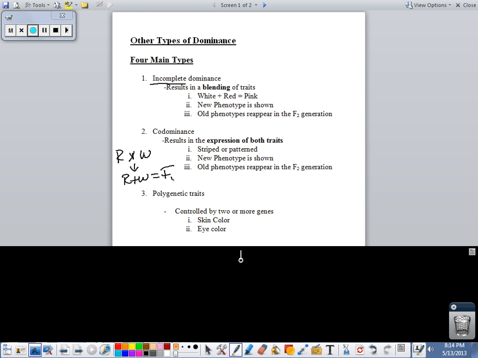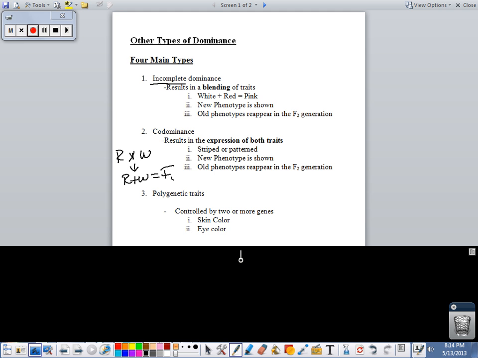Okay. Another third one is polygenetic traits. And this is the idea where it's controlled by two or more genes. Really good examples are skin color and eye color. So there's more than one gene controlling this.